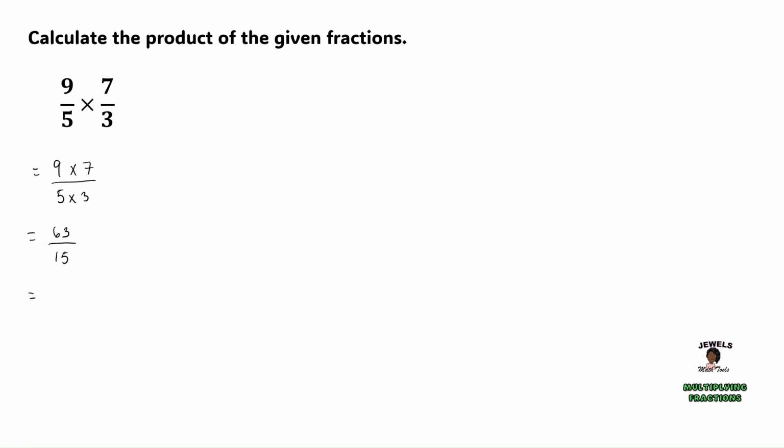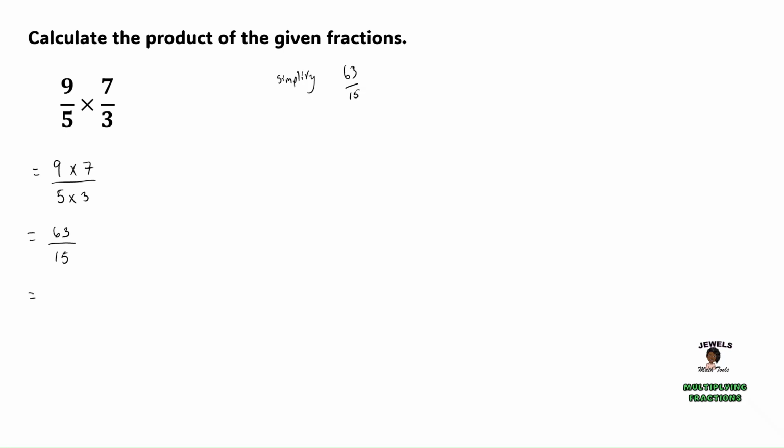So the first thing we're going to do is we're going to work through our 63/15ths. And this is where I'm going to go with simplifying first. So let's simplify our fractions first. Now to simplify, I need to find a common factor that can divide into both 15 and 63.